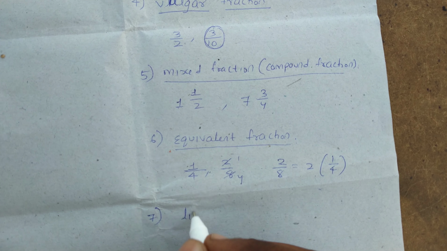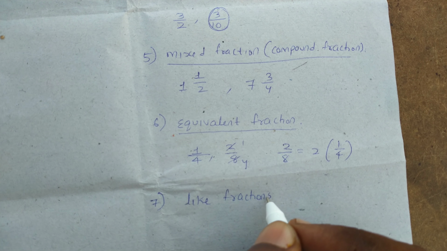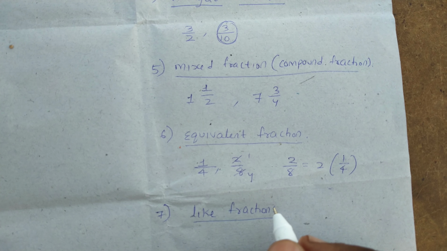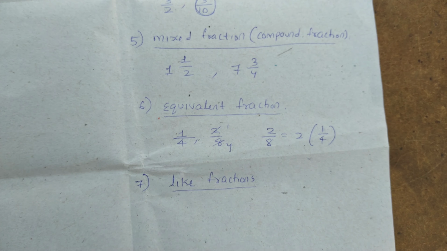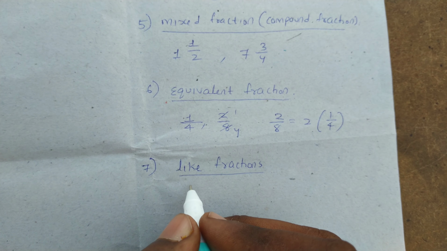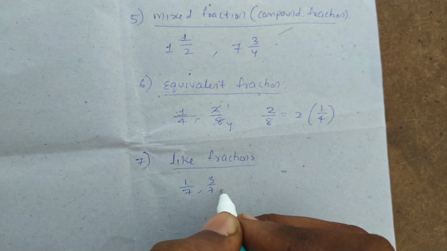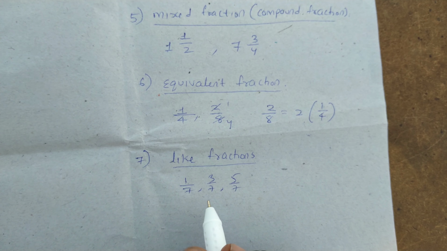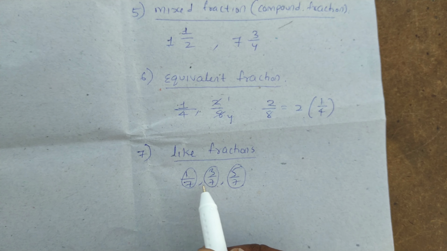Next one, like fractions. What are like fractions? Fractions which have the same denominator are called like fractions. Example: 1 by 7, 3 by 7, 5 by 7. These are called like fractions because they have the same denominators.